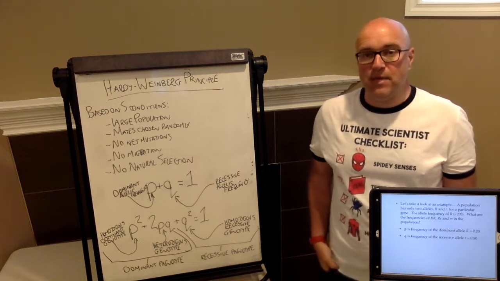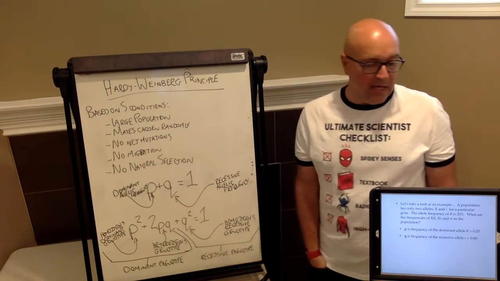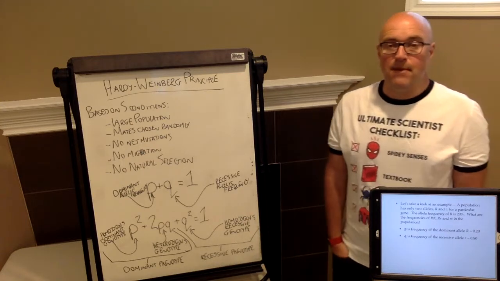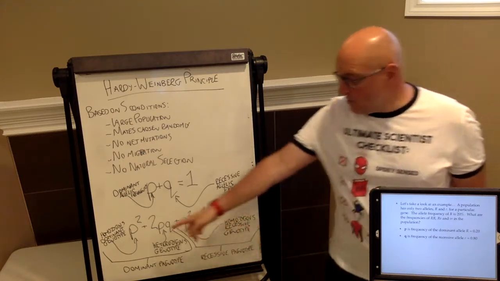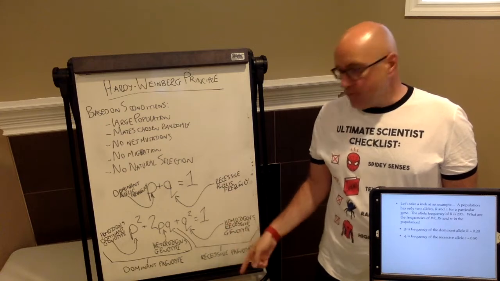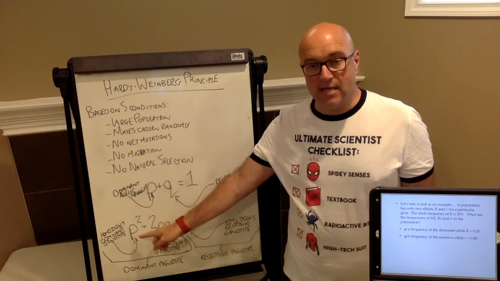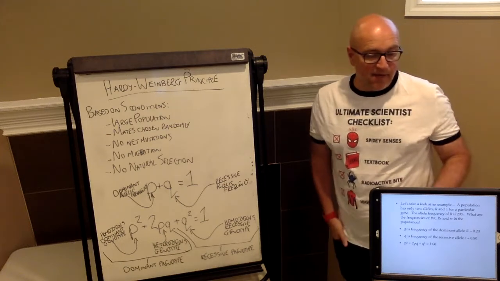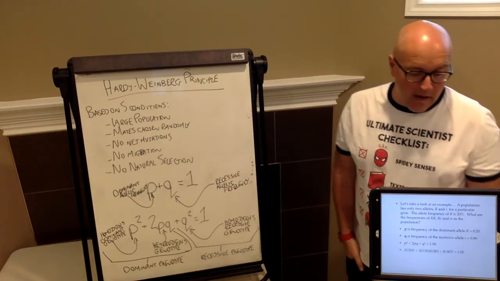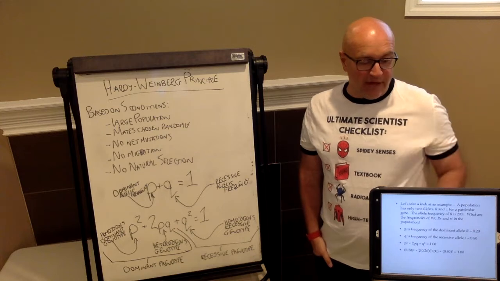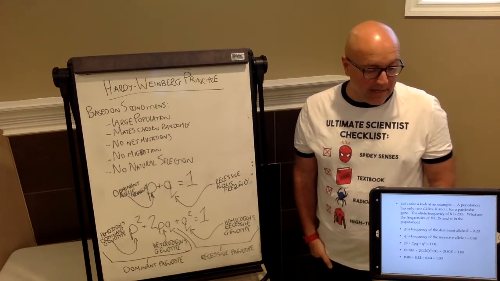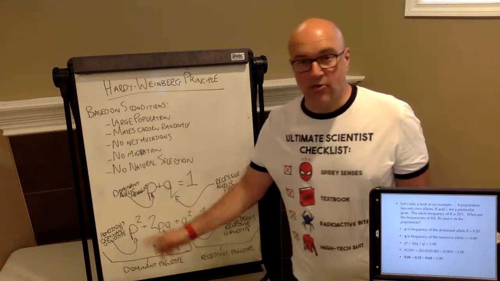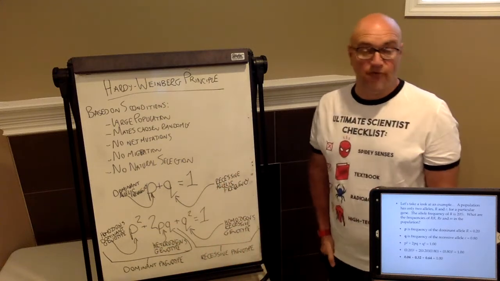Now I can use my P and Q values to calculate my homozygous dominants, my heterozygotes, and my homozygous recessives using the expanded equation. To get my homozygous dominants, I'm going to take 0.2 and square that. 0.2 squared is going to give me a value of 0.04.